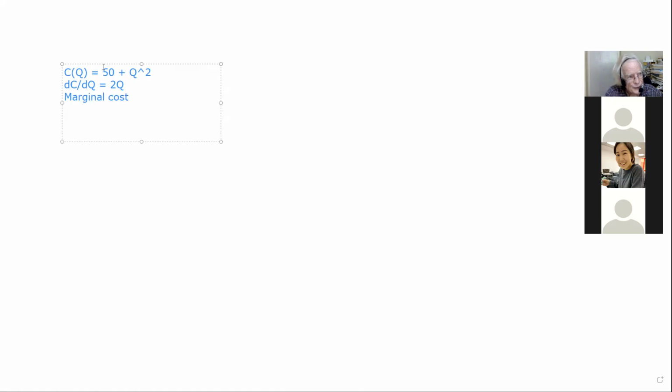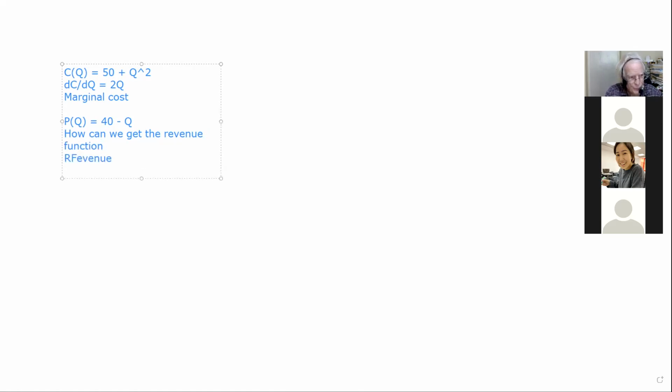Now, all that we need is marginal revenue, and then we can equate them. However, the only function that I gave you is the inverse price function. So how can we get the revenue function in this case? We multiply quantity by price. Good.